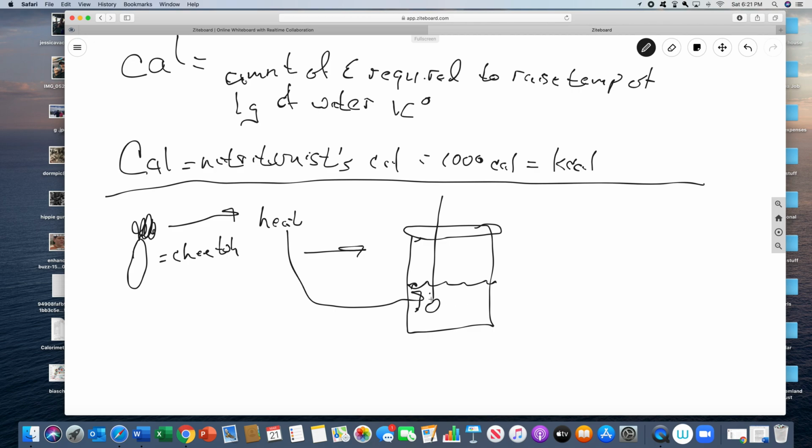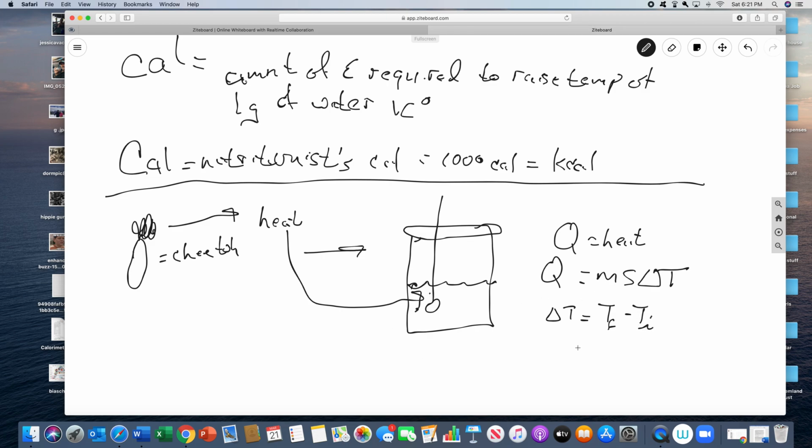We can use this equation, Q, which is the heat. Q is the mass of the water, times what's called the specific heat of the water, which is 1 calorie per gram degree C, times the delta T, where delta T is the final temperature minus the initial temperature.